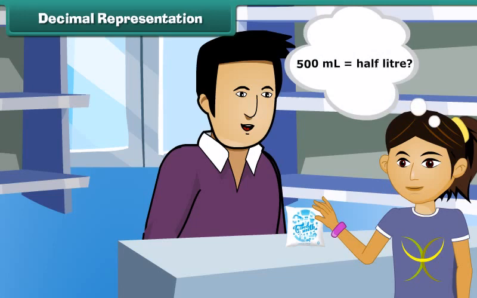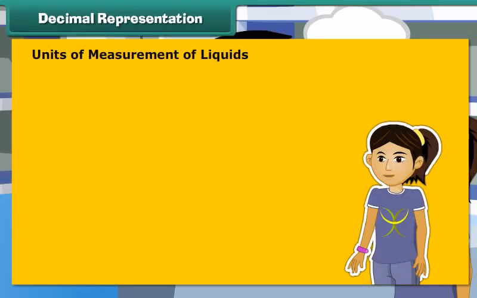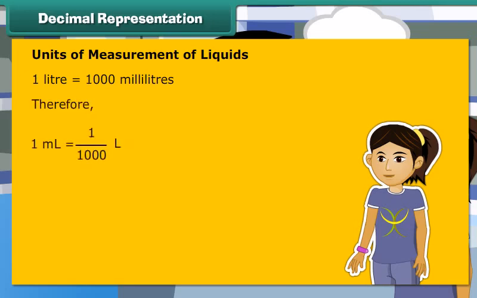To be able to answer this question, we must first understand the units used to measure liquids. Take a look. 1 liter is equal to 1000 milliliters. Therefore, 1 ml is equal to 1/1000 liter.